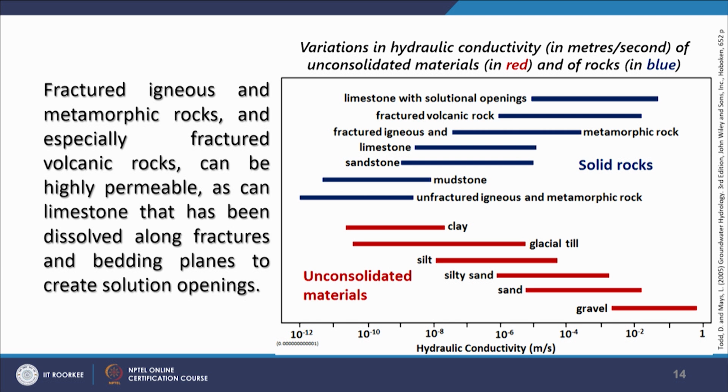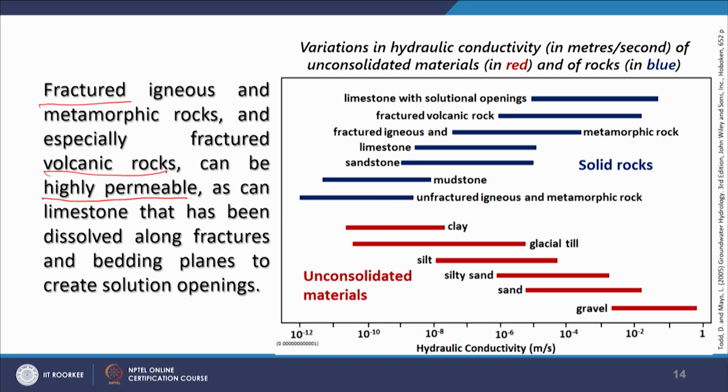Whereas igneous and metamorphic rocks which are fractured, especially fractured volcanic rocks, can be highly permeable. That is why in some places, even in the Deccan Trap, basalt rocks of volcanic origin are highly permeable, because vesicles are already there. If these vesicles are connected or these rocks are fractured, then we will have high permeability.